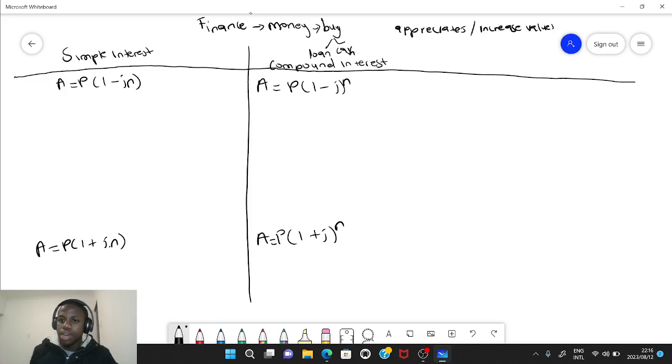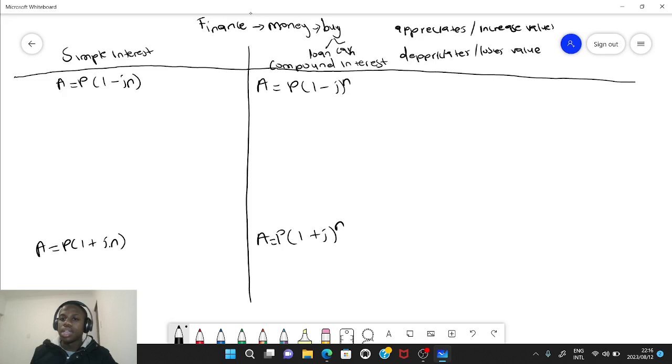And when something depreciates, we are saying it loses value, meaning the current amount of that thing is smaller than the previous amount.